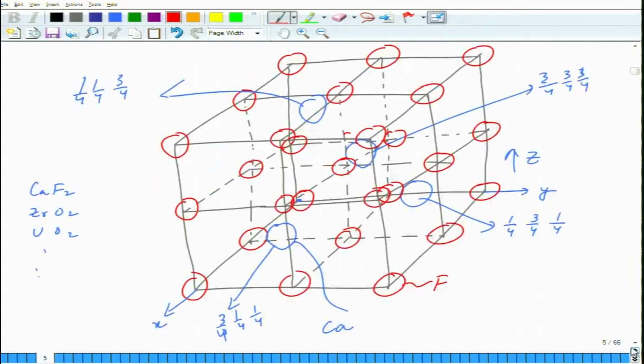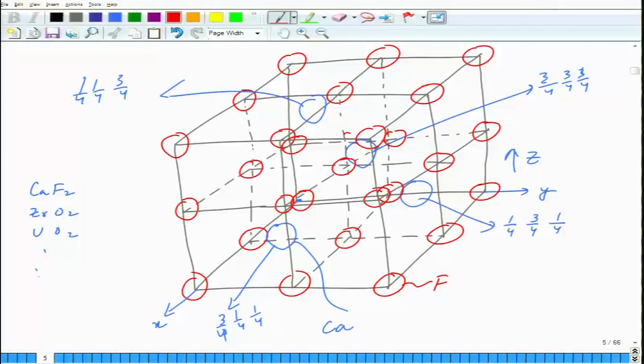If you look at the previous structure, we have seen that calcium makes FCC lattice, right. Calcium surely makes FCC lattice, but for fluorine you are seeing as if there are 8 cubes, it is like two FCC lattices of fluorine put into each other.